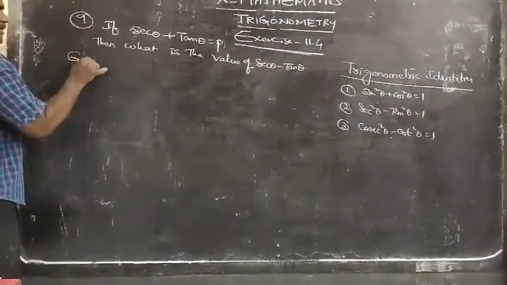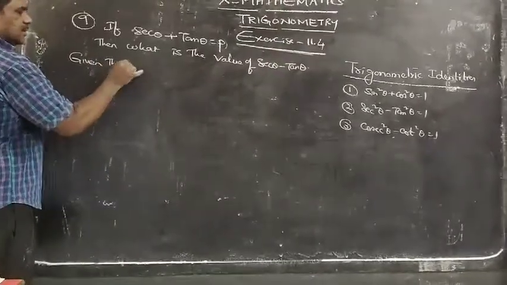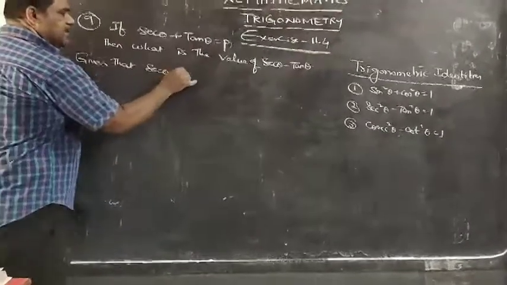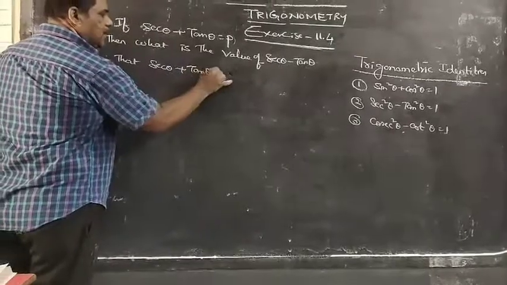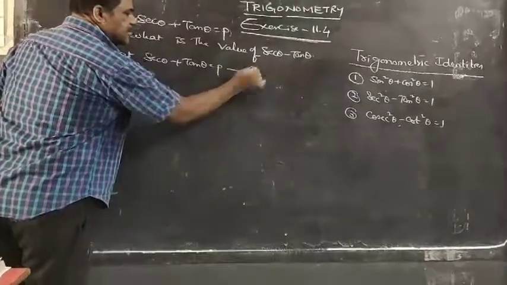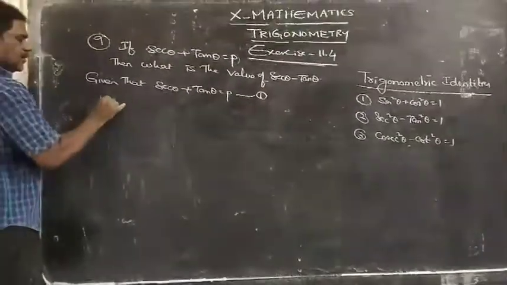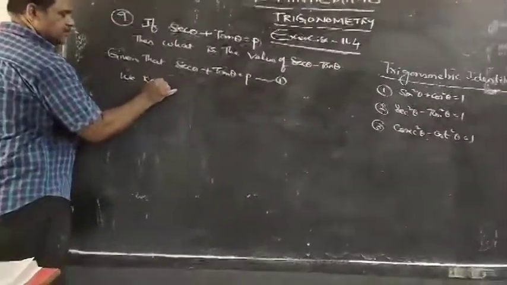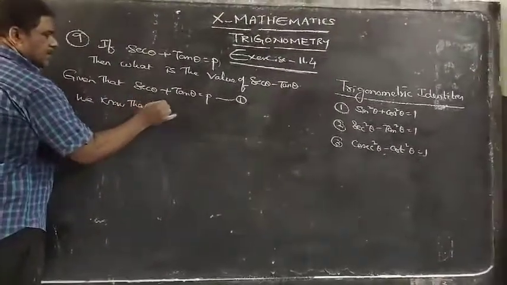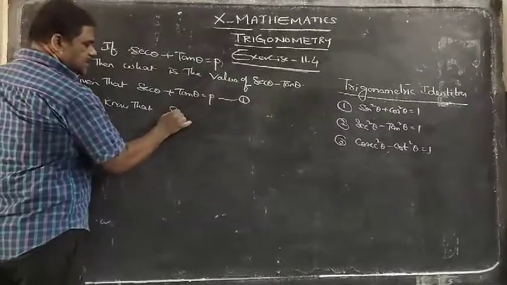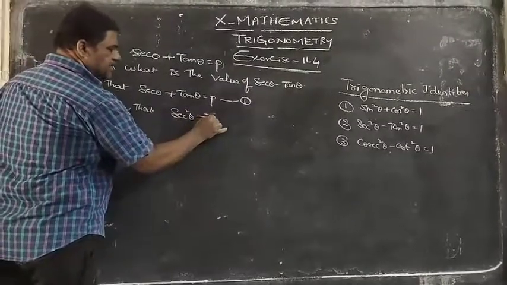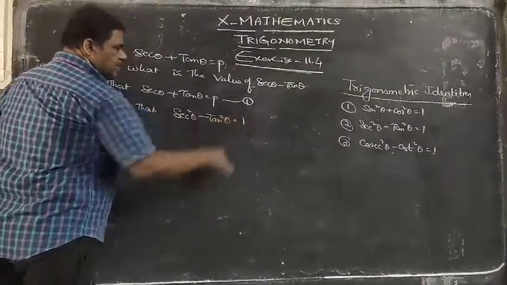Here the given condition is secant theta plus tan theta is equal to P. This is the given condition. We know that from second identity, secant square theta minus tan square theta, this is 1.